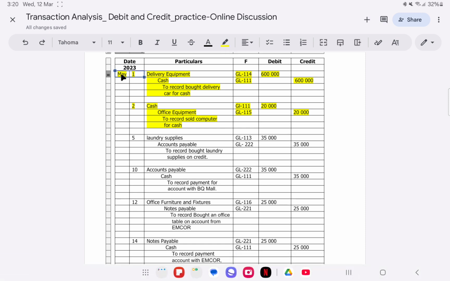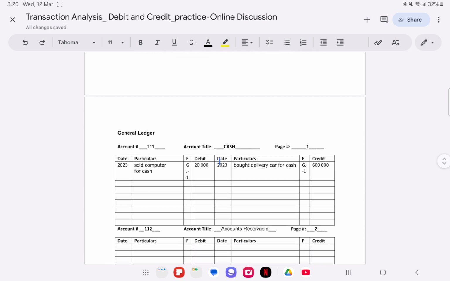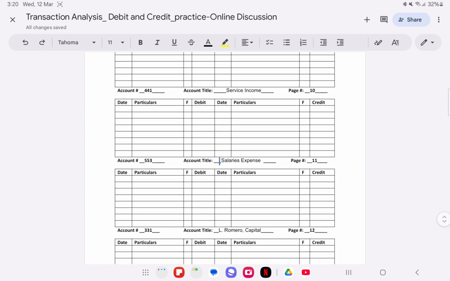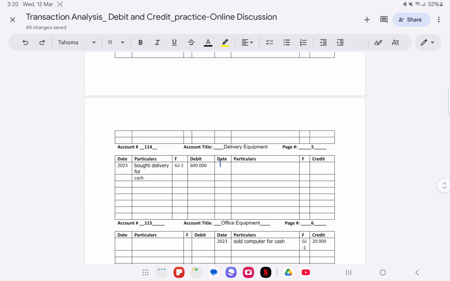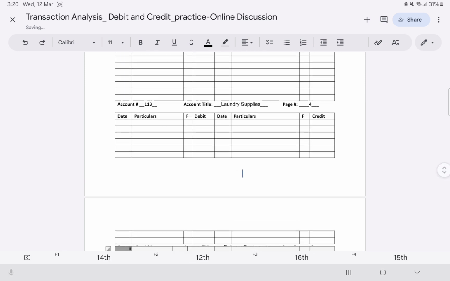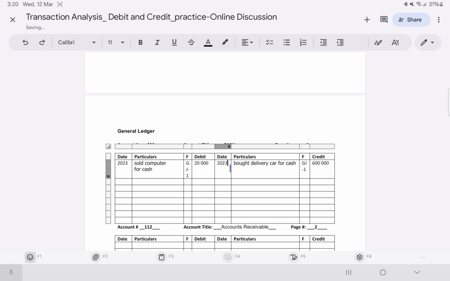Okay, I wasn't able to put the May and the 1. In the delivery equipment debit, this is May 1, and the credit is the cash, 2023 May 1.